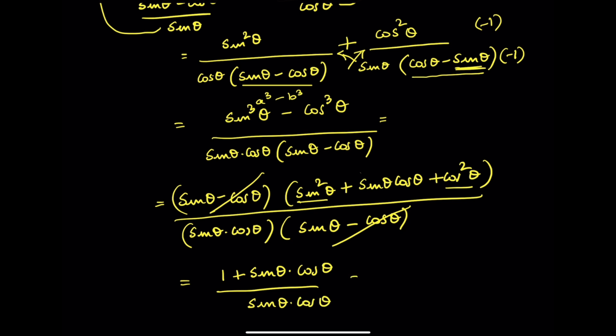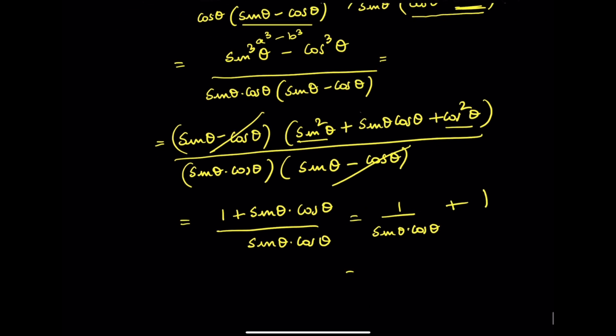So now if we divide each part of the numerator with sine theta cos theta, we will have 1 by sine theta cos theta plus 1, which is nothing but 1 plus secant theta cosecant theta. So this is how we can arrive at 1 plus cosecant theta secant theta.